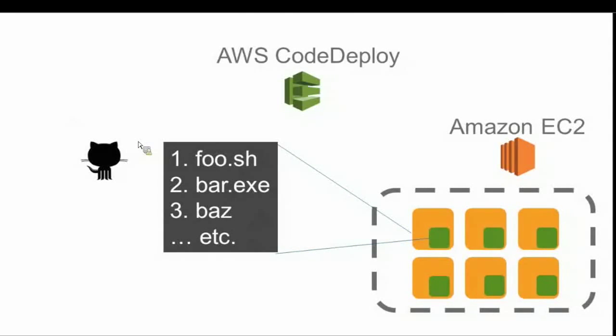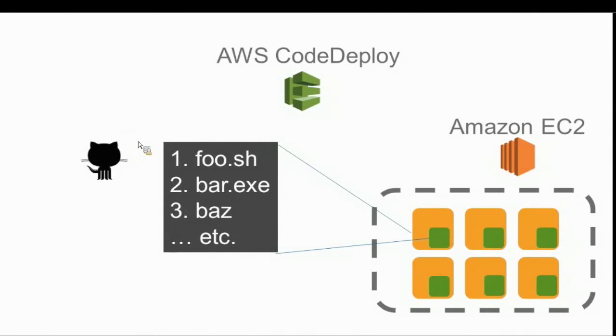Before we copy the new artifacts onto the box, we can run scripts from your previous deployment's bundle. After the application is on the box, we can run additional scripts after the install, and then at the very end, we have a validation step, which you could use to verify that the deployment to that instance was successful.